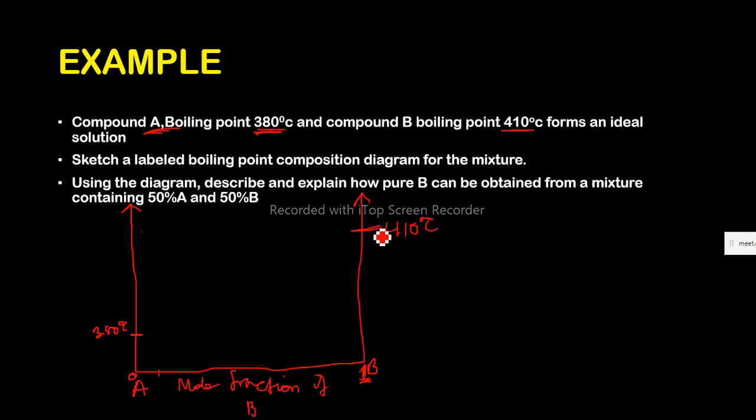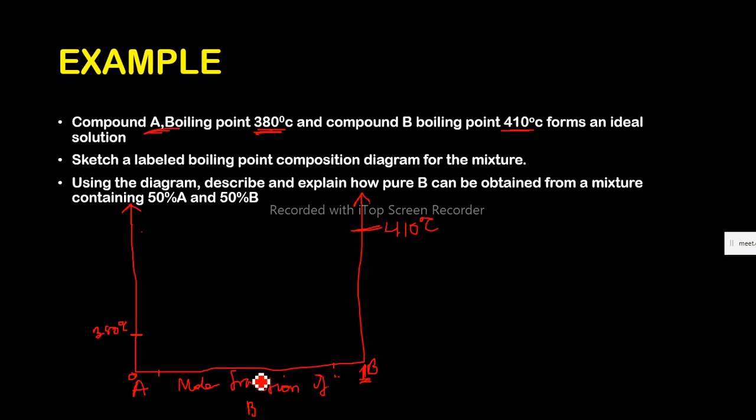But if you have pure B and you add some A, maybe the composition changes to something like 10% A and 90% B, then the boiling point decreases.